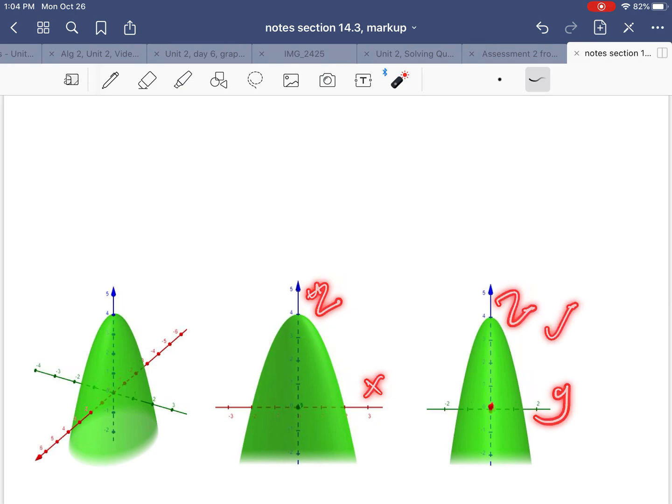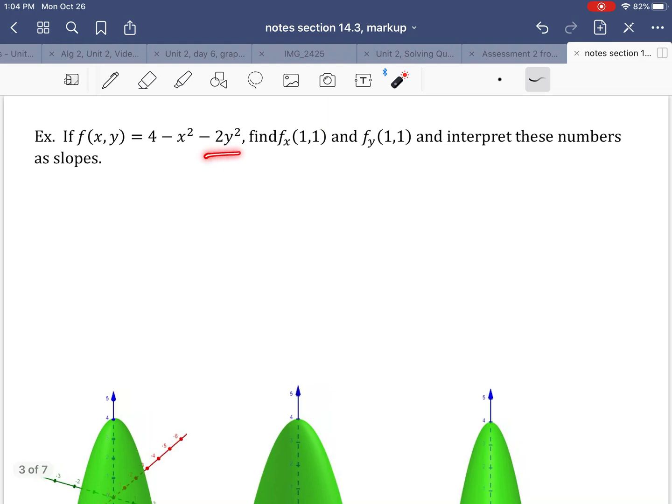That's because in this problem you have that extra 2 along with the y squared, and so that makes the parabola stretch out more in that direction. A parabola that has a 2 multiplied in front is going to get taller faster, so it has a bigger, or steeper, slope.